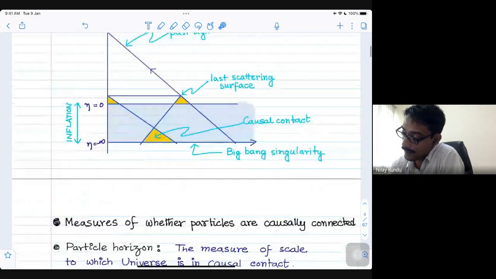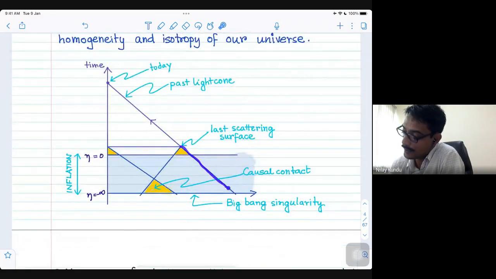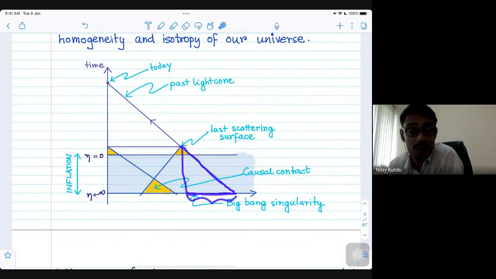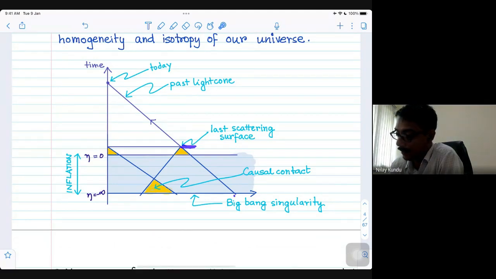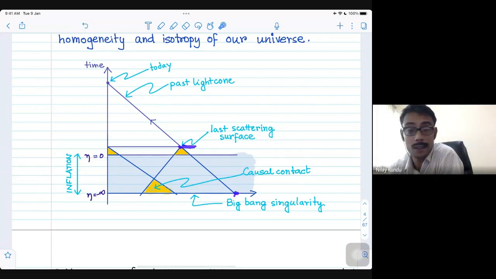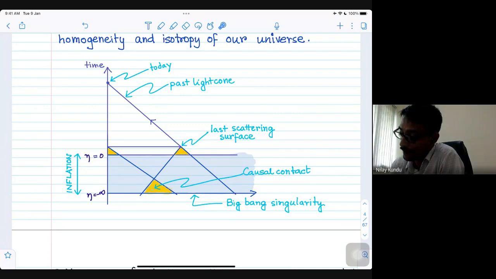So in this picture, this happens to be the particle horizon at this point. Light can travel from here to here, and that gives us a measure of what we mean by causal contact of this point.